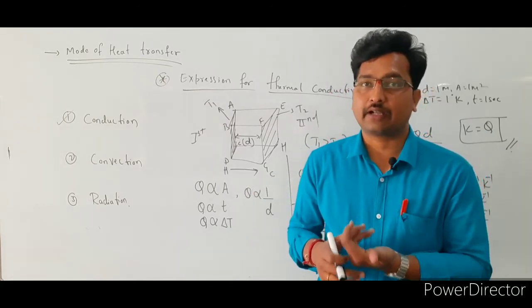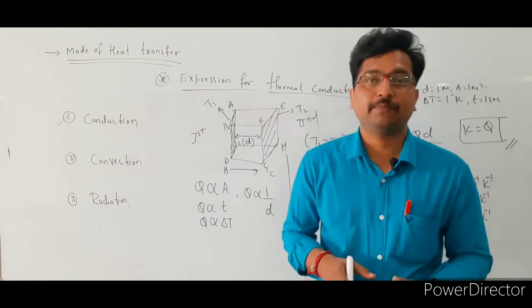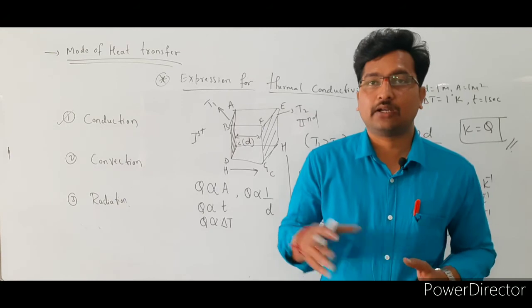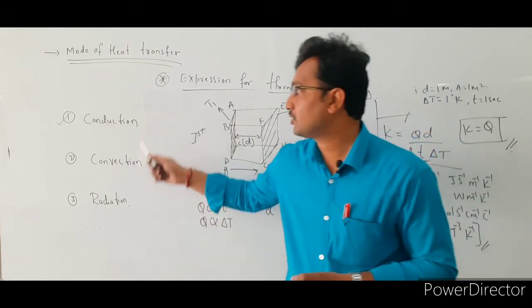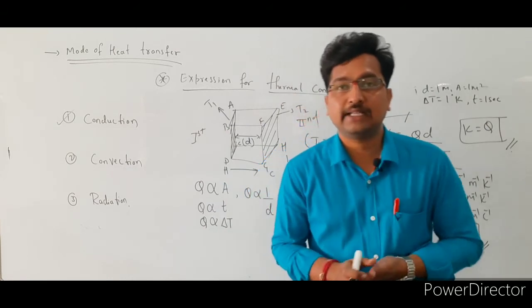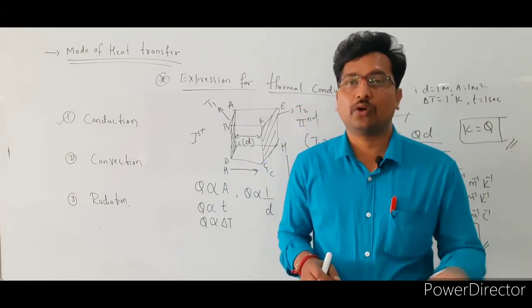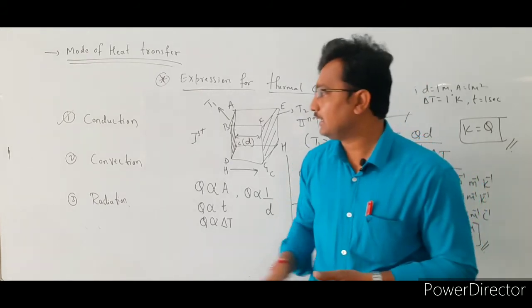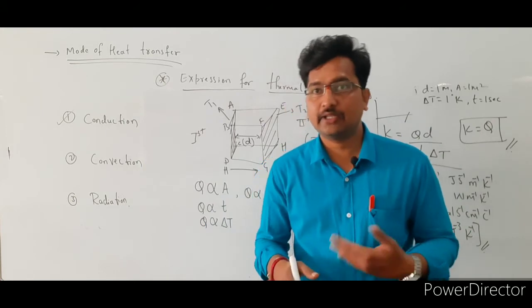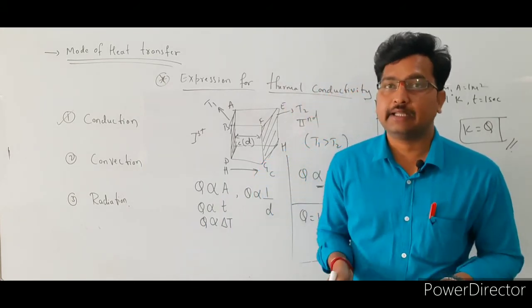That is the definition of conduction. In an examination they may ask for 1 mark, what is the definition of conduction? The heat is transferred from hot end to cold end without actual movement of the particles. That is known as conduction. Convection means the heat is transferred from hot end to cold end with actual movement of the particles. And the last one is radiation. Heat is transferred from hot end to cold end without affecting the intermediate medium.